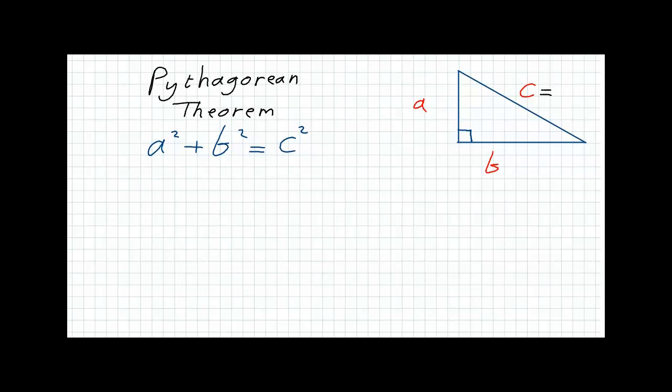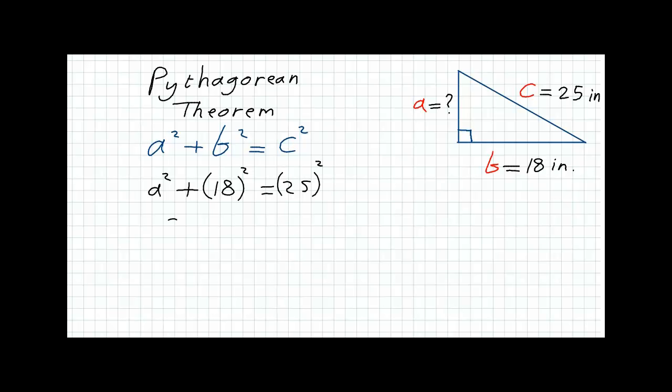Now let us suppose that we have C equal to 25 inches and B is equal to 18 inches. So what is the value of the side A? Substituting the information given in the Pythagorean theorem formula, we will have A squared plus 18 squared is equal to 25 squared.